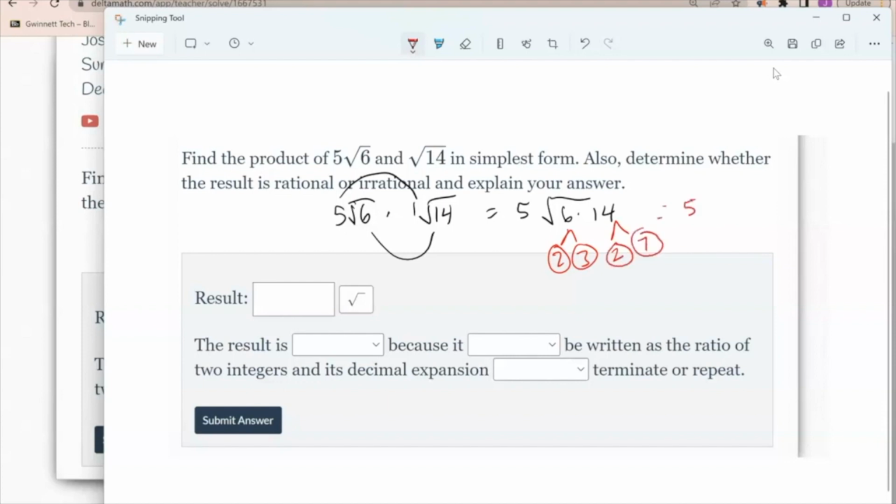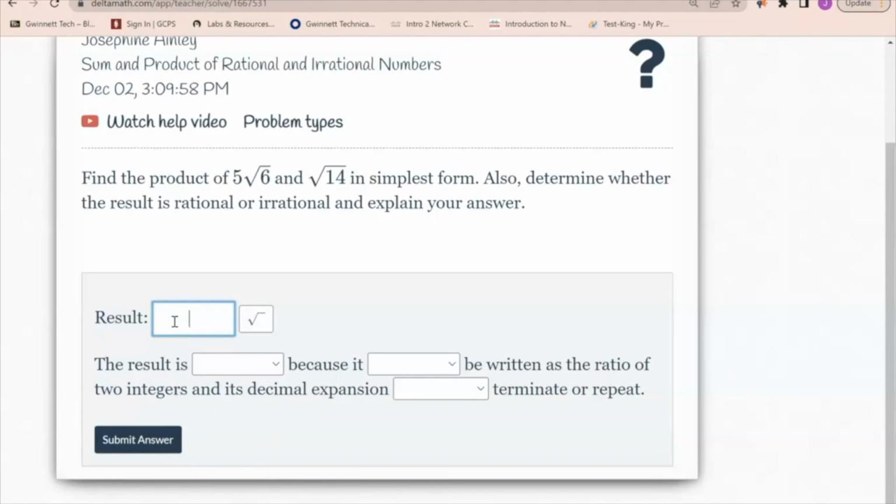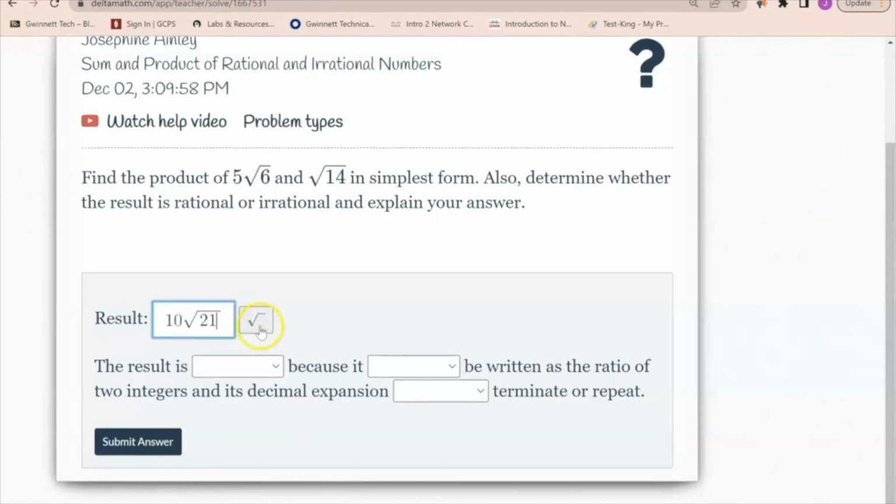So I have 5, leave a little space for your books, and then in order I have 2 times 2 times 3 times 7. All right, what do you see? I see a book of 2, so I put that outside. Anything else? No. So I'm going to have 10 radical, 3 times 7 is 21. And again, because we still have a radical, so 10 radical 21. So the result is 10 radical 21.